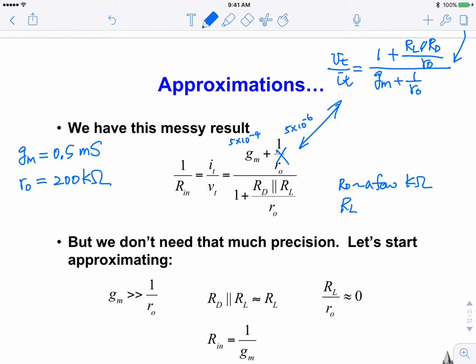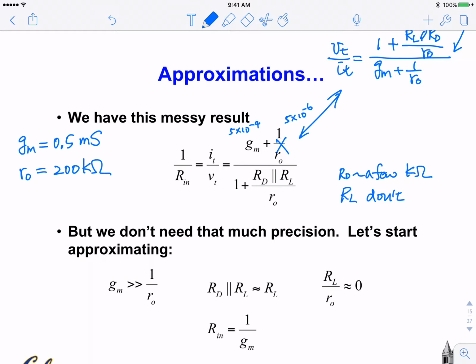RL, well, that's the load. We don't know what RL is, right? But typically, they are also not very large. So here, you don't quite know, so you can keep the term. If you don't really know, you can keep the term.